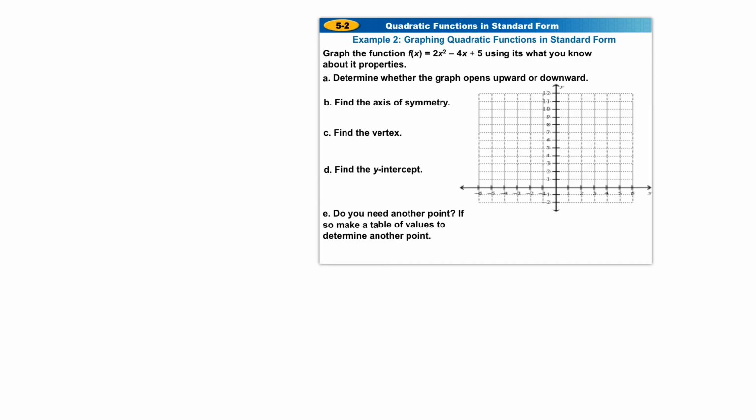So the first thing that I like to do is identify my a value, my b value, the opposite of b, and c. So the a value is 2. The b value is -4, and the opposite of -4 is +4, and the c value is 5.